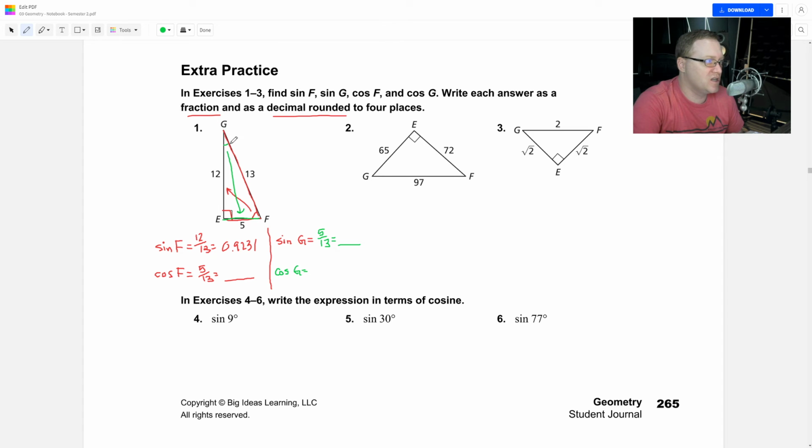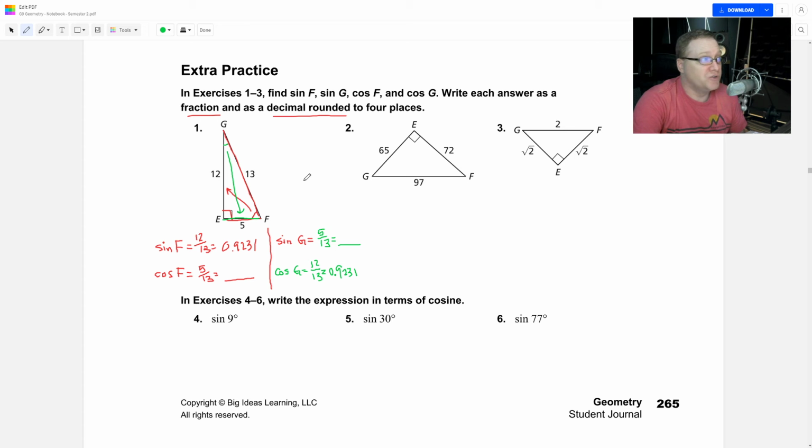Adjacent to G here is going to be this side, 12. And the hypotenuse is still 13, so it's going to be 12 over 13. And that's going to equal, and we already found that right here, 0.9231. All right. So these are all of our answers, 4 answers.